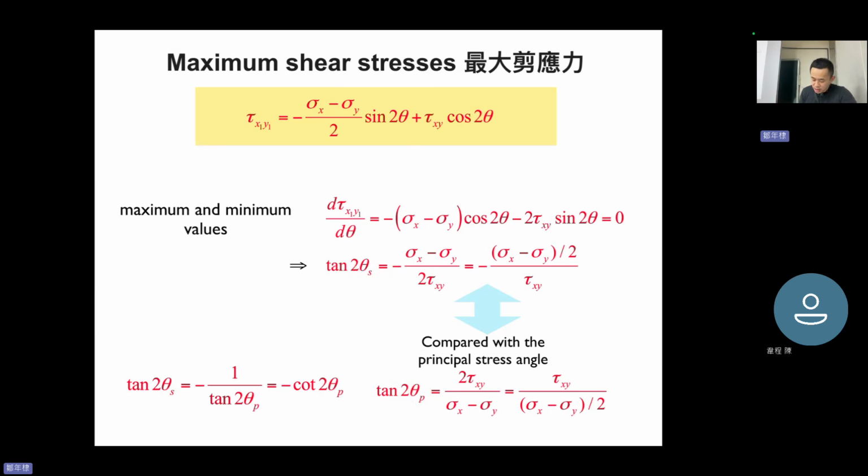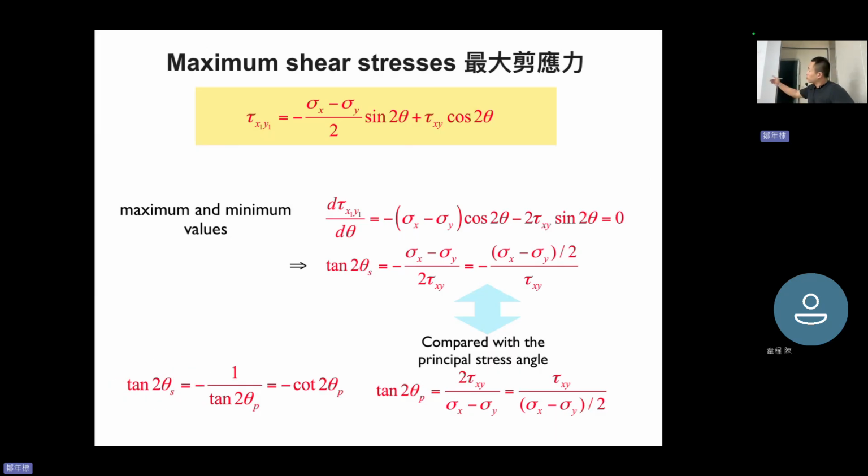You see, tangent 2 theta p is actually inverted and then given a minus sign. So you invert tangent 2 theta p and give it a minus sign, you get tangent 2 theta s.